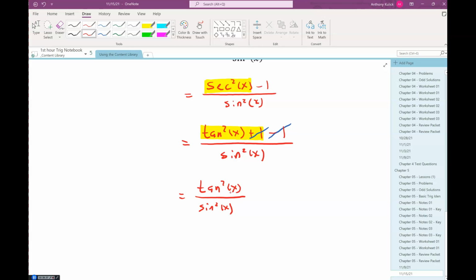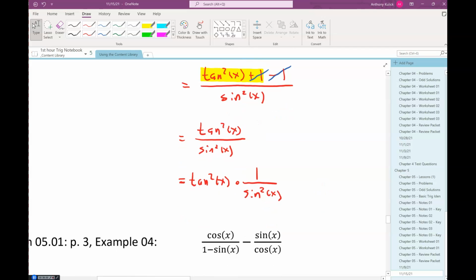So what I'm going to do here is think about this instead of as a fraction, as the numerator times 1 over the denominator. Everybody's okay with me just rewriting the fraction like that?